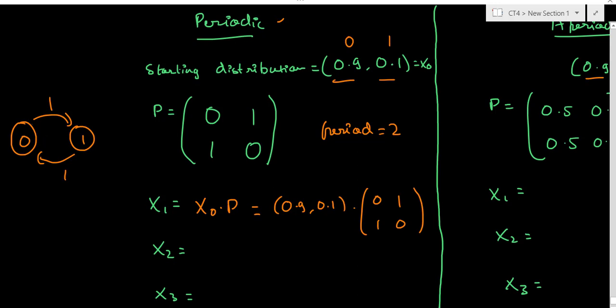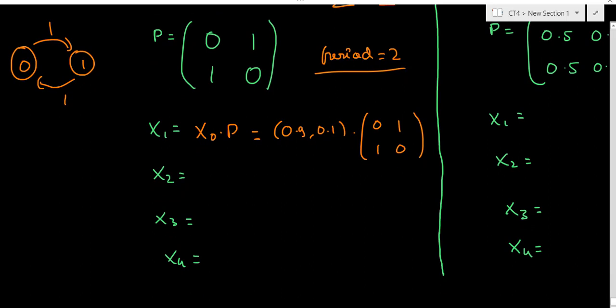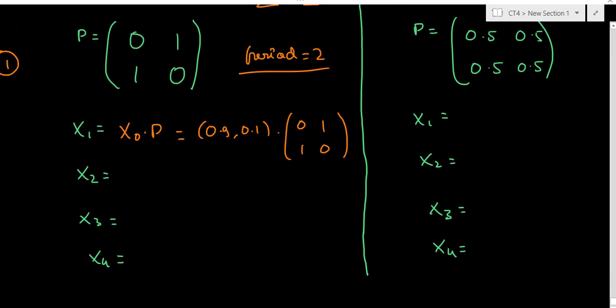So you'll get from 0 to 1 and then 1 to 0. And if I check the period, the number of steps for returning to 1: I would go from 1 to 0 and then back to 1, so 2, then I can take 4, then 6 steps, and so on. So the period of this Markov chain is 2, and thus this is periodic.